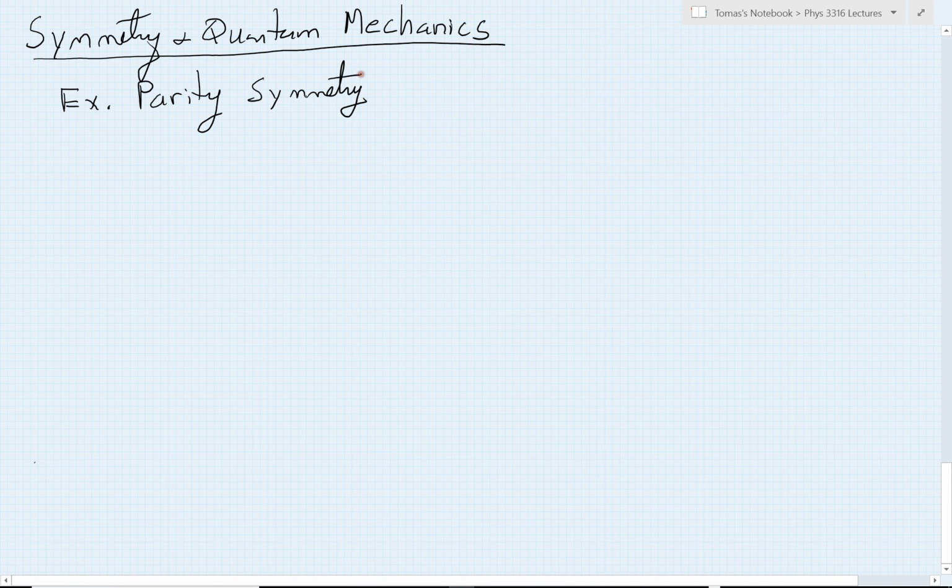And parity symmetry refers to what happens when I think about my functions, say f of x, that describe my physical system, and then I map them onto f of minus x. There are two ways to think about this. You can either think that I've taken all of my functions and flipped them around backwards, so I've basically physically taken my system and inverted it.